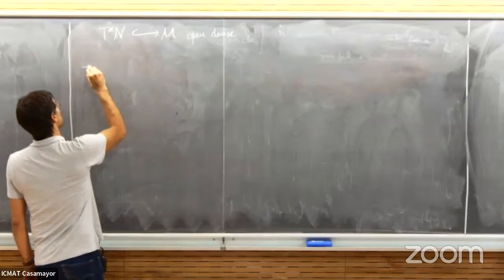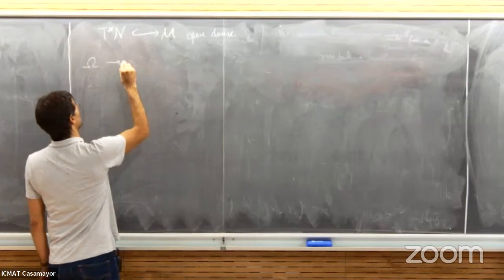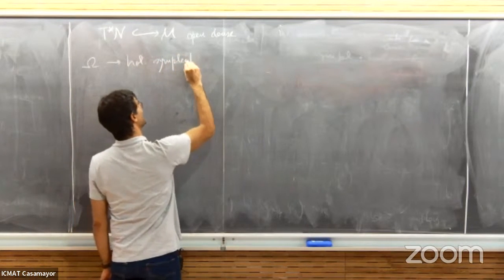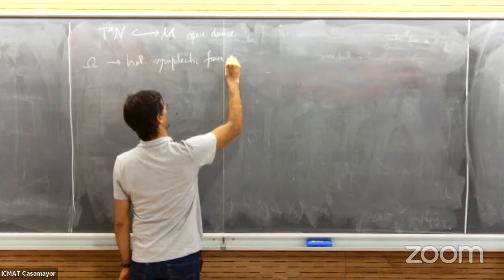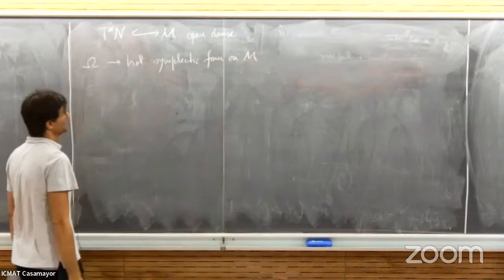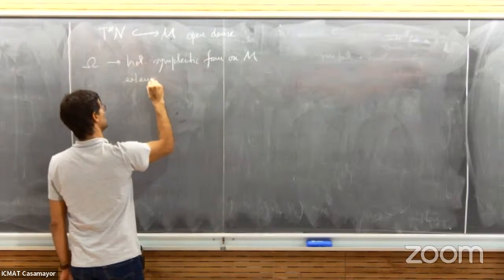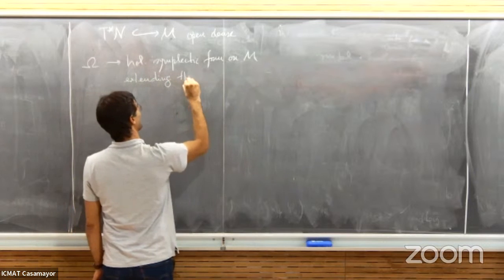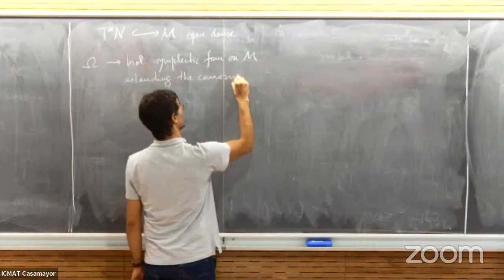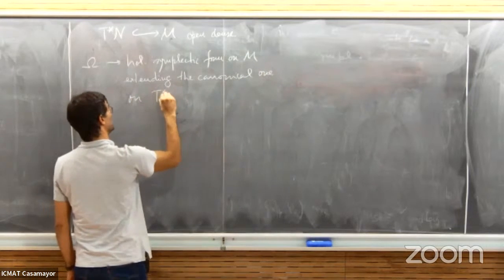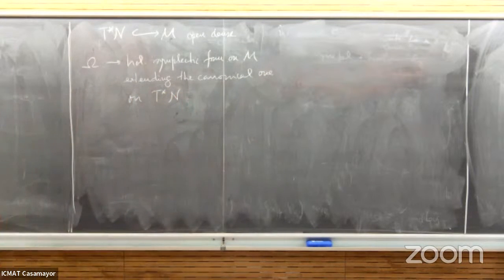By omega, I'll mean a holomorphic symplectic form on M, which extends the canonical one here. Whenever I talk about Lagrangians, this is the symplectic form I'll be considering.